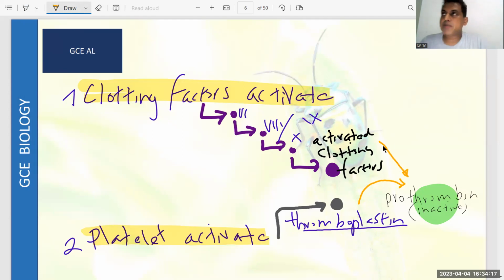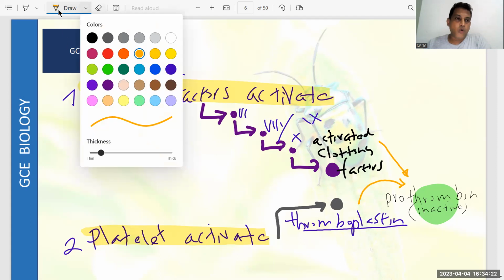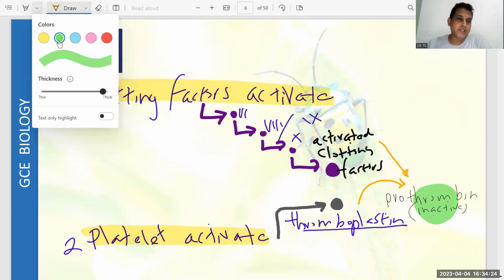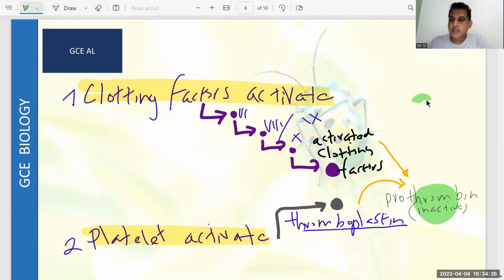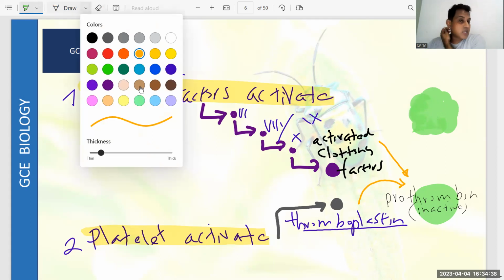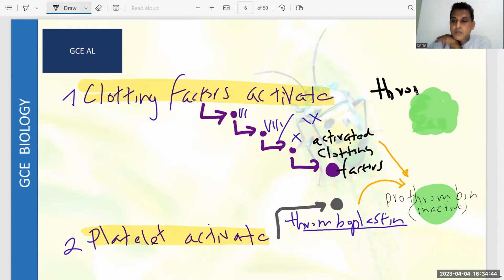So this activated chemical has an effect on prothrombin. As a result, what is going to happen next, this prothrombin gets activated. After it is activated, it becomes thrombin.